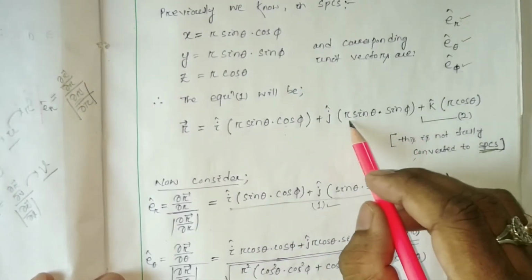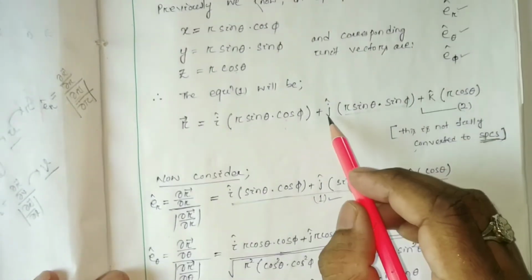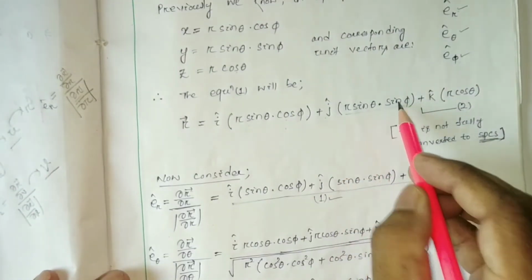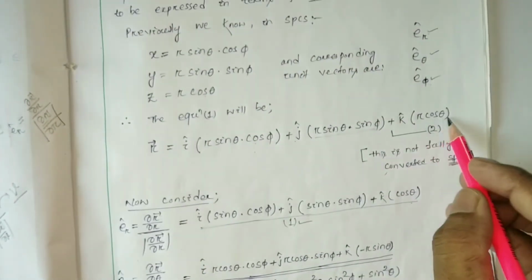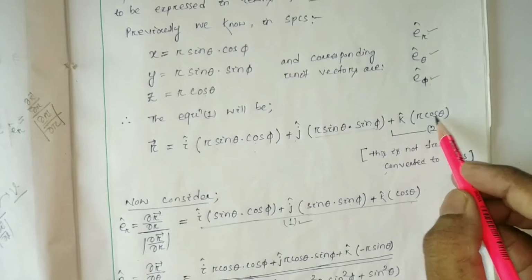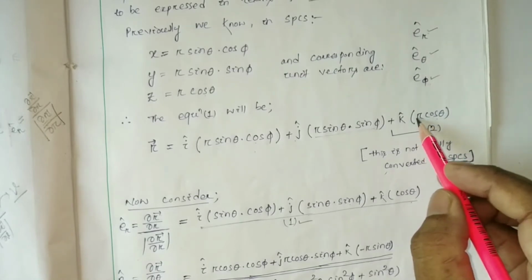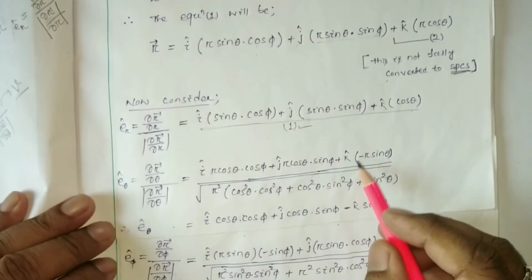Again, when this term is differentiated with theta, we get j cap r cos theta sin phi. This term differentiated with respect to theta gives cos theta, which means minus sin theta. So minus r sin theta k cap.